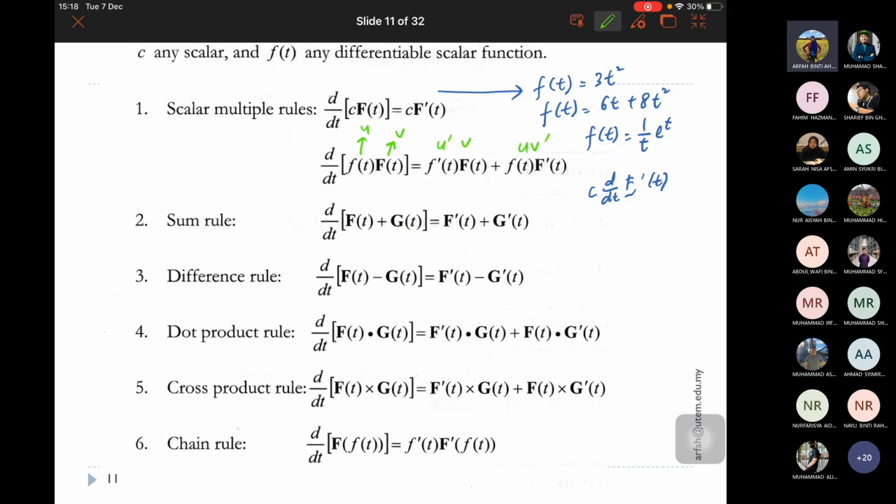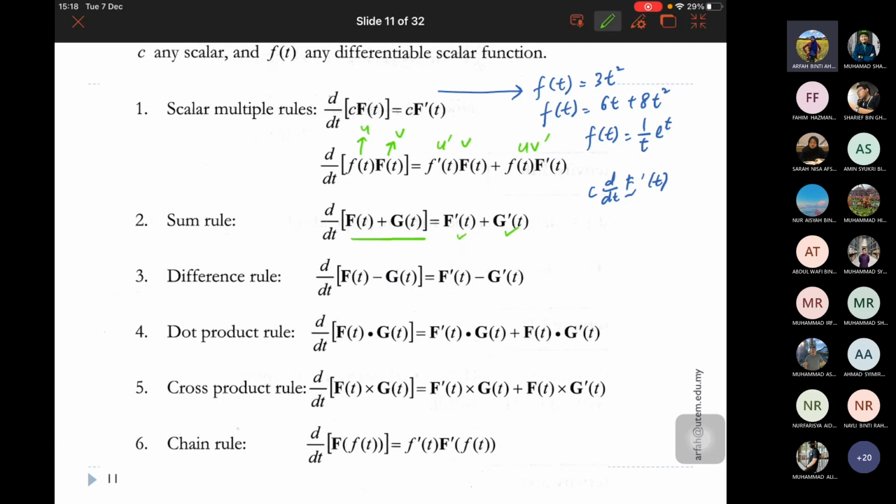Okay. So the summation rule, kalau ada dua vektor F dan juga vektor G yang mana ianya dihasil tambah, awak boleh tambahkan dulu dan dapatkan derivatif, or boleh juga dapatkan derivatif untuk F, dapatkan derivatif untuk G dan tambahkan. So it will be the same either way. Okay.